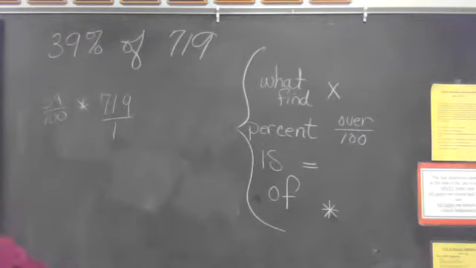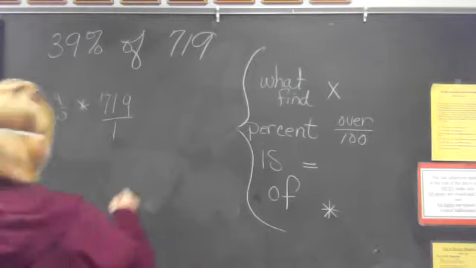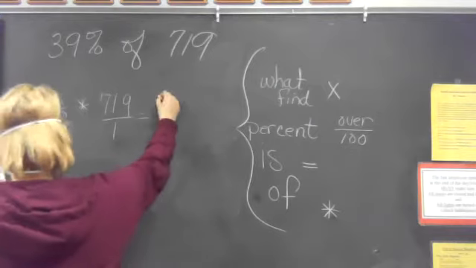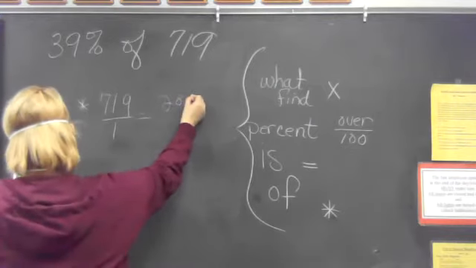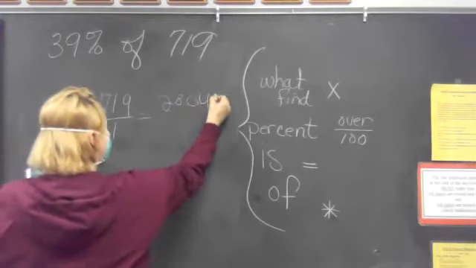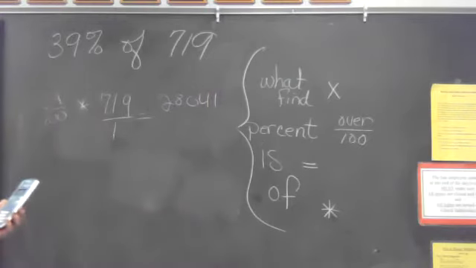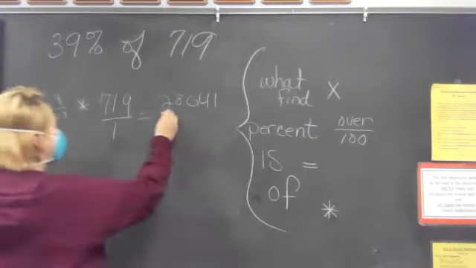So what she's going to do now is multiply the tops together. Those are called numerators. Okay, it's a big number. Huge number. 28041. Okay, leave that on your calculator. Go ahead and put it over 100.